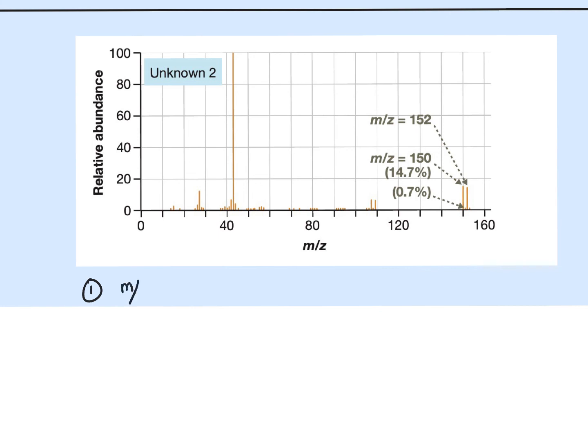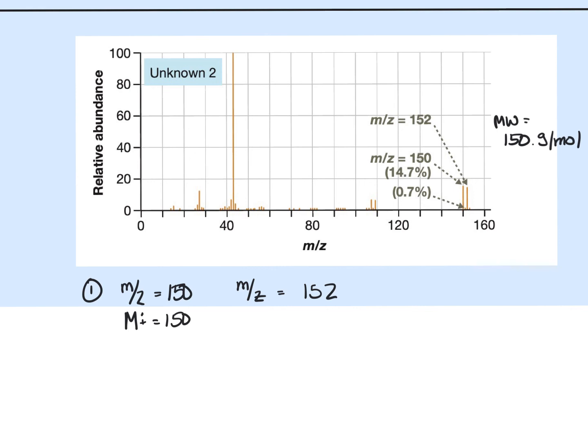We have a mass to charge ratio there of about 150, and then we have that m/z that's right around 152, okay? And so what we can do then is identify this as the molecular ion peak, as 150. That means my molecular weight of this compound is going to be right around 150 grams per mole. So very helpful right out of the gate.